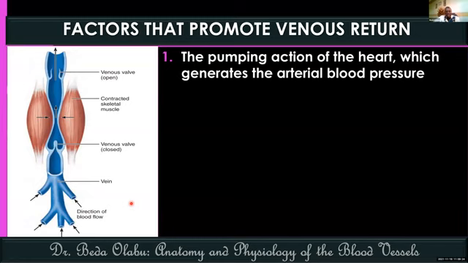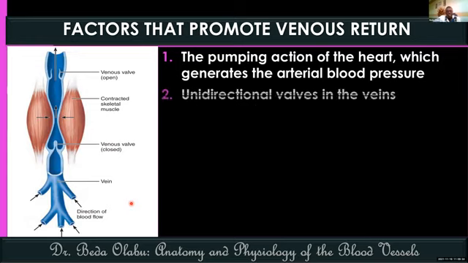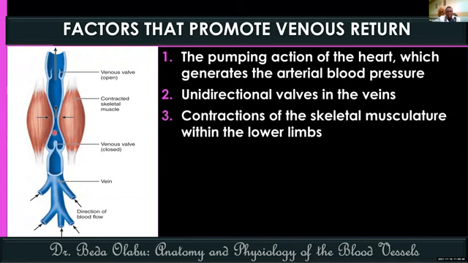But we are saying that pressure gradient is low. So apart from it, what are the other factors? Veins have valves that ensure that once blood has gone up, it can't go back. They allow unidirectional flow of blood, so that will help to promote venous return.